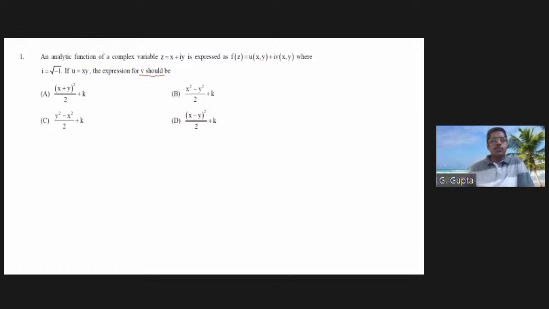We can do such type of problems by 2 methods. Method 1 is the direct method. Method 2 means indirect method, that is the options method. So solution: u given is x into y and v is equal to question mark. Just like from partial derivatives, we remembered the total derivative definition.